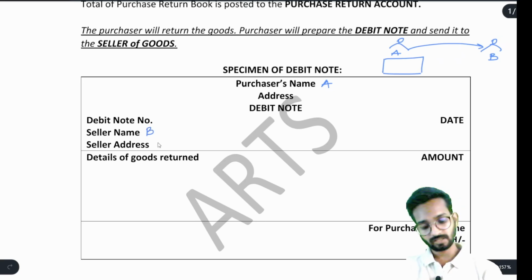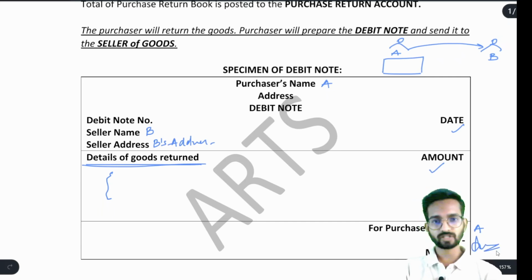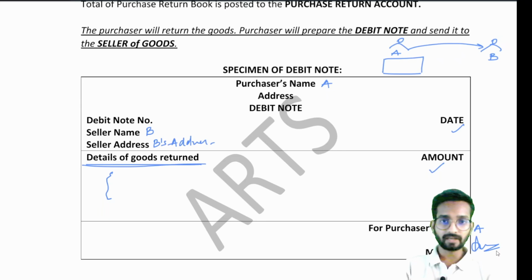The seller is B, and B's address, because he sold the goods and we are returning the goods to him. Details of goods returned, we will write the details. After that the amount, and we will mention the date here. For purchaser name again, A, and here A will sign. This is how the debit note is prepared whenever we are returning the goods that we purchased on credit.